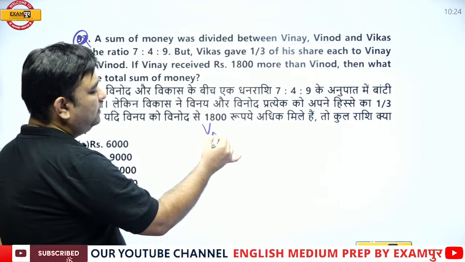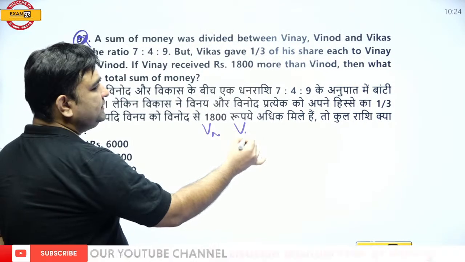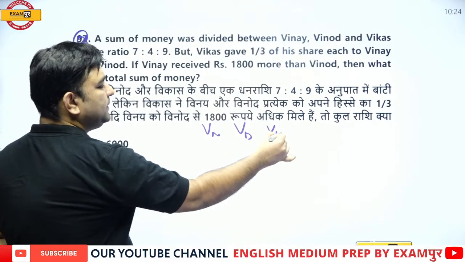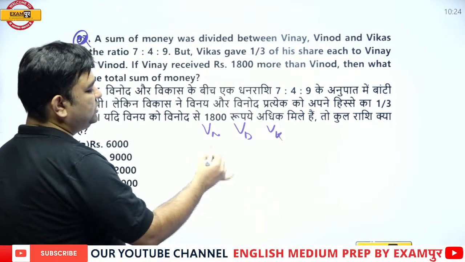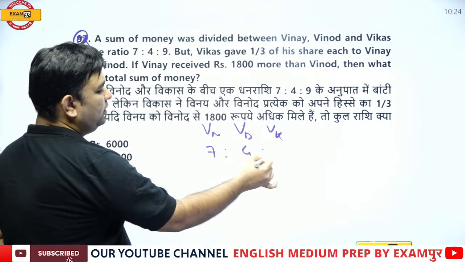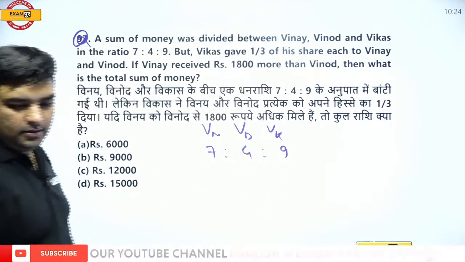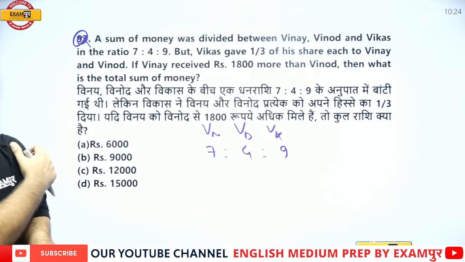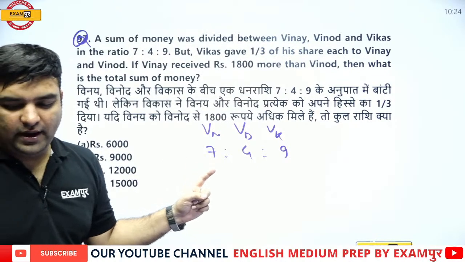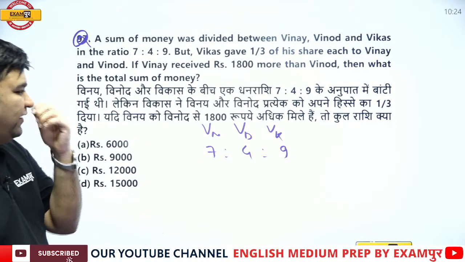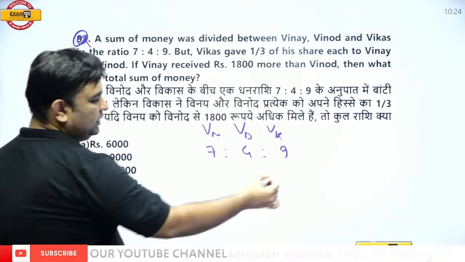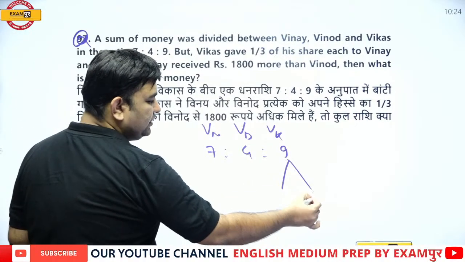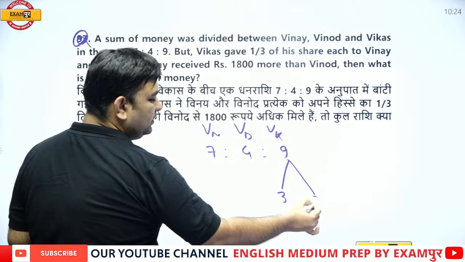Vinay, Vinod, Vikas in the ratio 7:4:9. Vikas gives 1/3 of his share to Vinay and Vinod each. What is 1/3 of his share? 3.